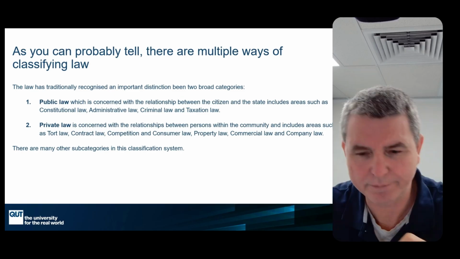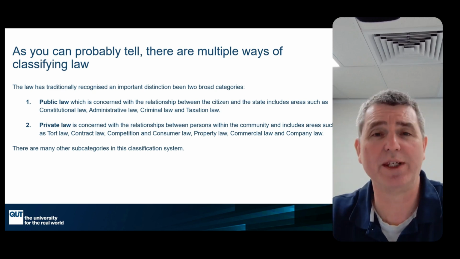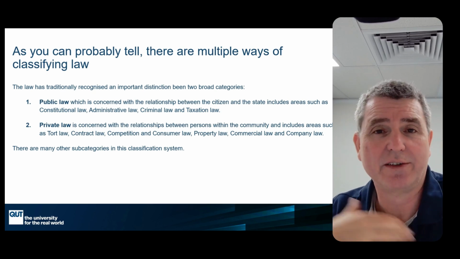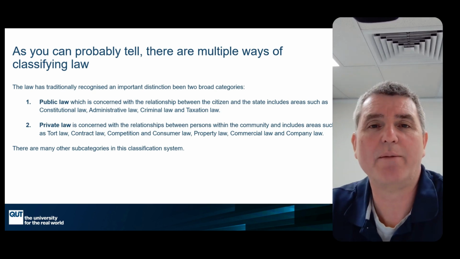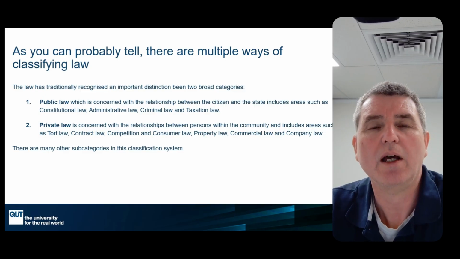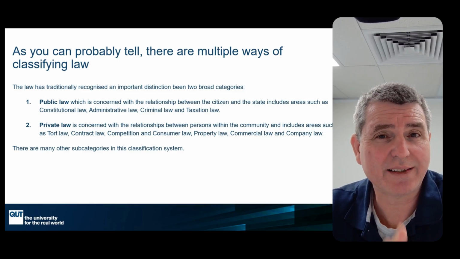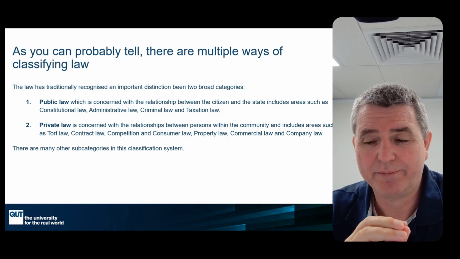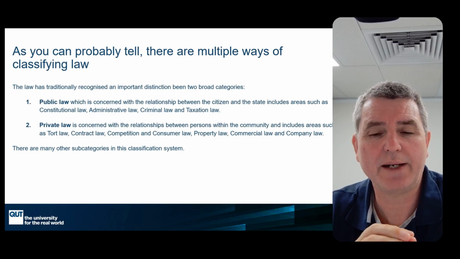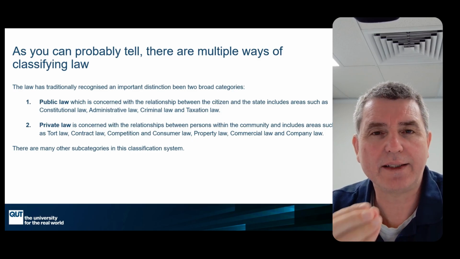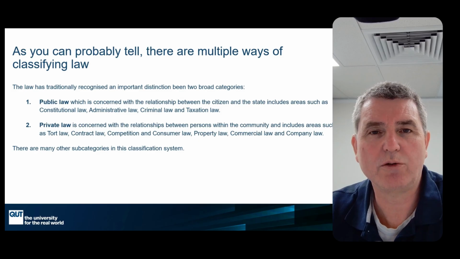Now, second thing, why would I even bother with this? You're not going to become lawyers, so why should you care about this particular issue? The main reason is so that you understand this issue of jurisdiction and how a single event can have multiple legal consequences.